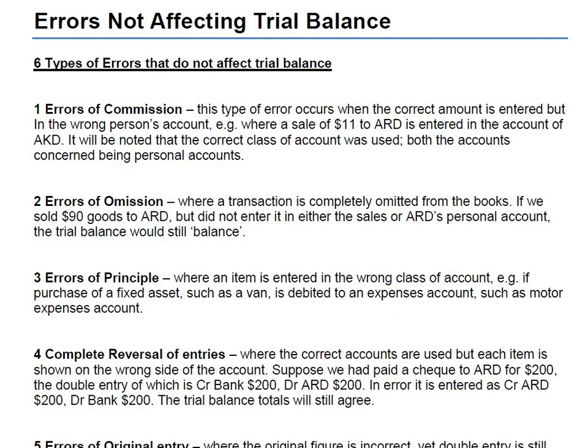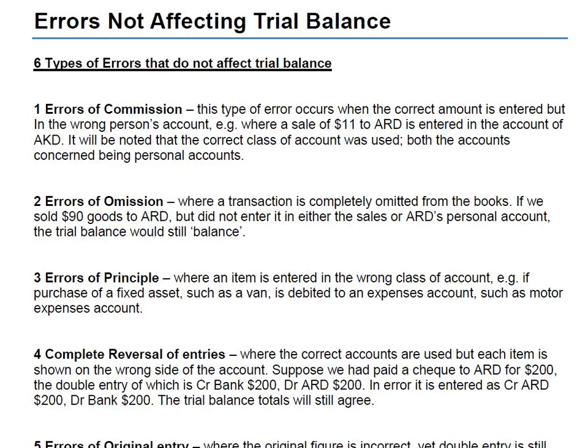Means ARD and AKD are both my customers, or for example, I have bought goods from Mr. X and by error I have credited the account of Mr. Y, but X and Y are both my suppliers. Let me give you one more example. I have paid someone through the bank account, so therefore my bank account should have been credited, but by mistake I have credited my cash account.